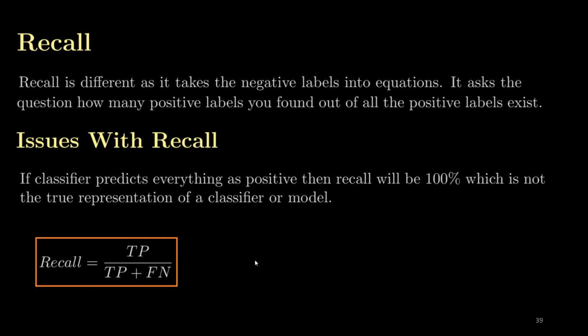Now there is an issue with recall. If a classifier predicts everything as a positive, then recall will be 100%. If we pass 100 samples to the classifier and it gives every sample as a true positive, in that case recall will be 100%, which is not a true representation of the classifier. That is, false negative is 0 and everything is classified as a positive label.